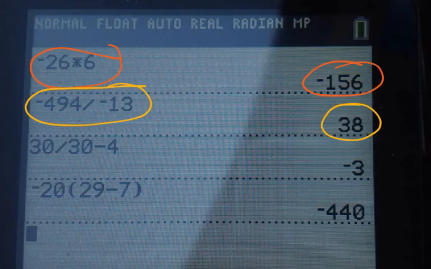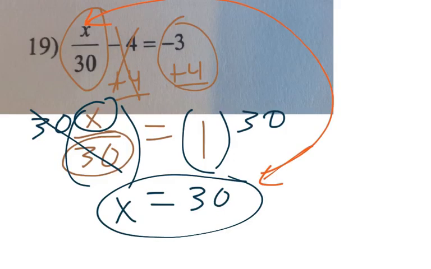So if you look right here, guys, I did 30 divided by 30 minus 4, and I got negative 3. Well, isn't that what I got right there? Again, 30 divided by 30 minus 4 is negative 3. So it worked, didn't it? So don't forget to also check your answers with the calculator, not just calculate with the calculator.